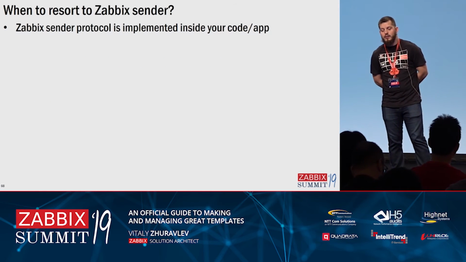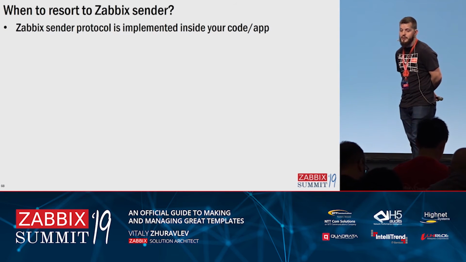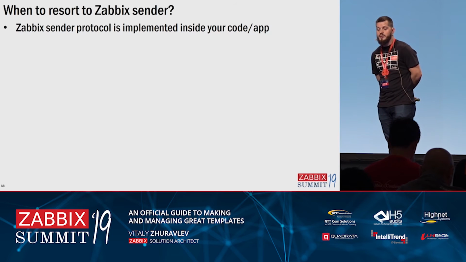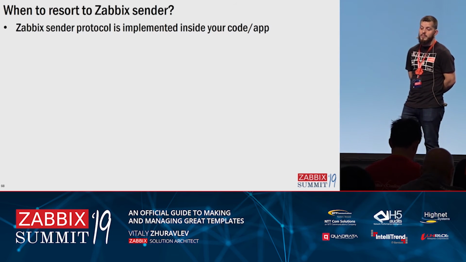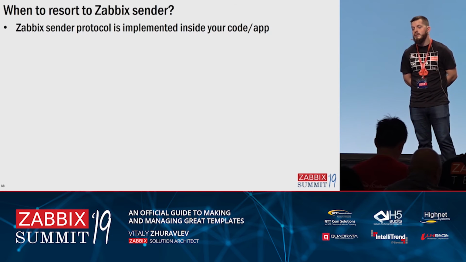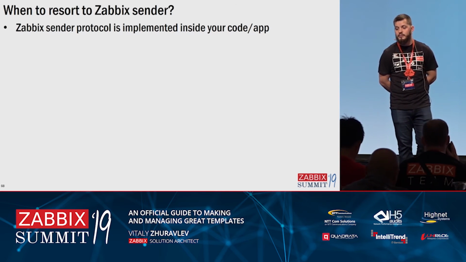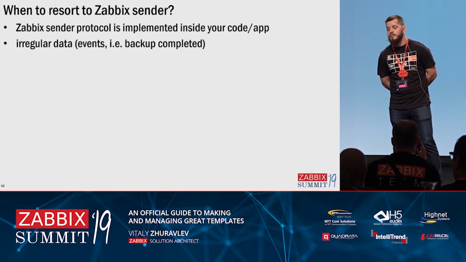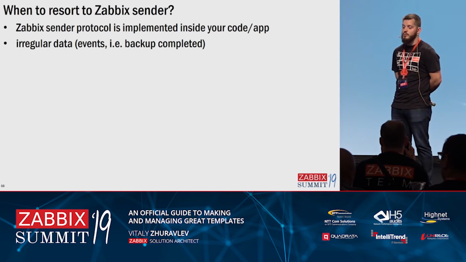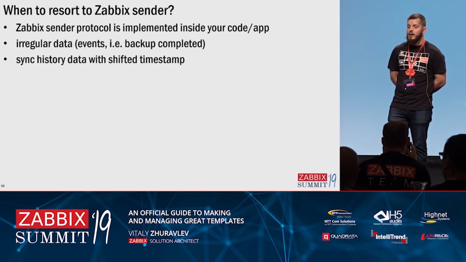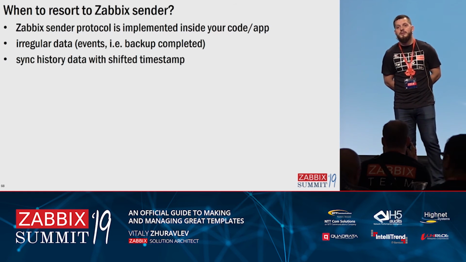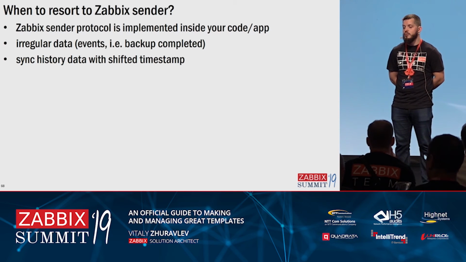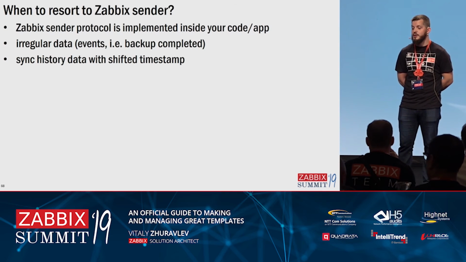Still, there are cases where Zabbix sender is the preferred way. If, for instance, you implemented the Zabbix sender protocol inside your application itself, or if you have irregular data like some events, such as backup completed, and you want to send that at this point. And if you want to synchronize history data, because that's the only way to do it in Zabbix.